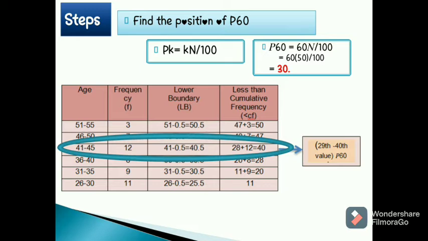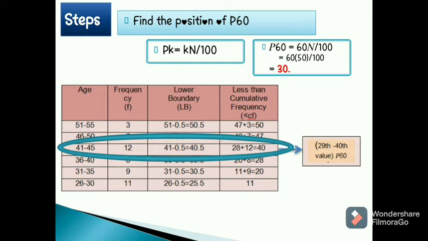And 30 belongs to this class because 28 is less than 30. That's why we go to the next class, and the 30 belongs here because it is less than 40. So we had already our class for our percentile 60.